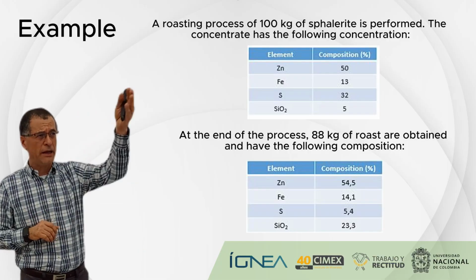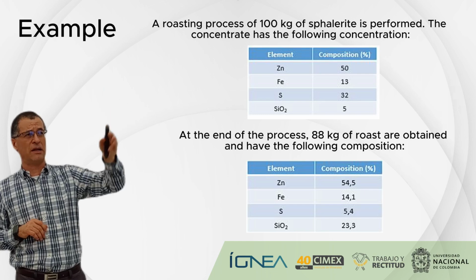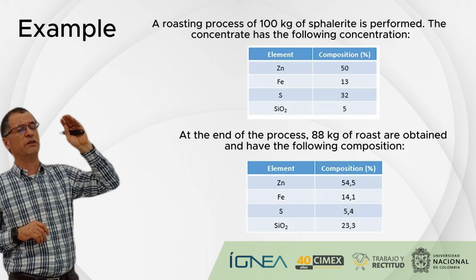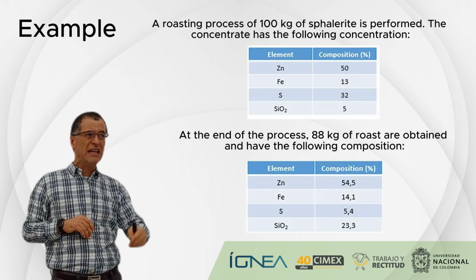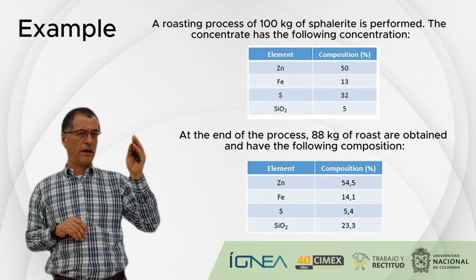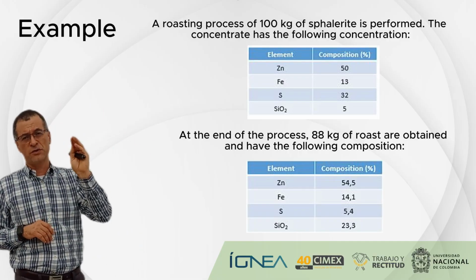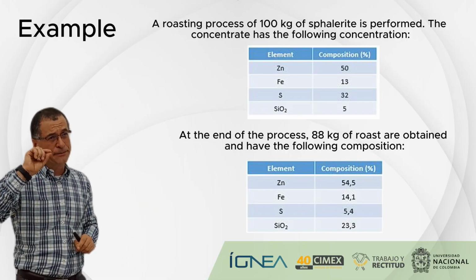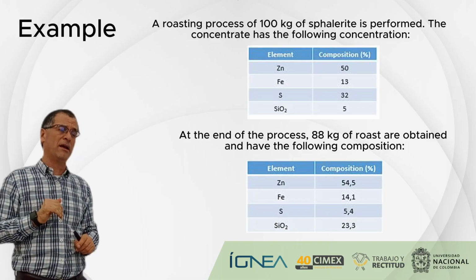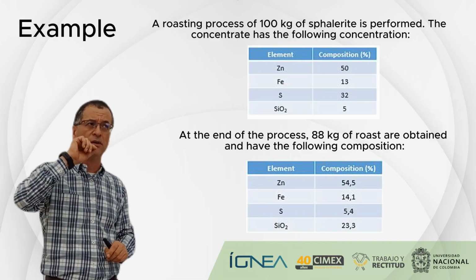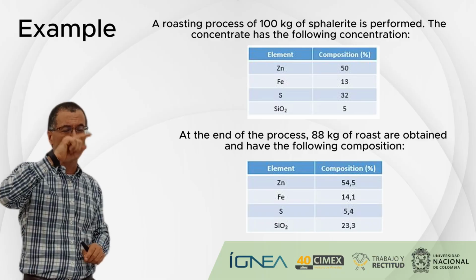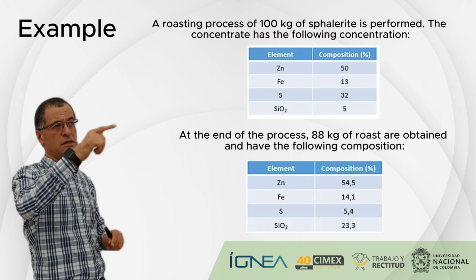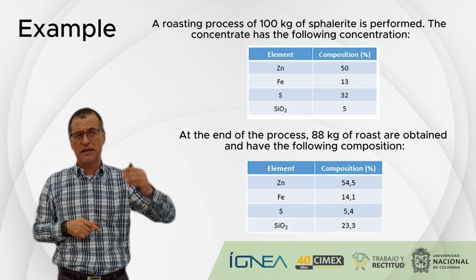Okay, in this particular case, we have a concentrate whose composition is 50% of zinc, 13% of iron, 32% of sulfur, and 5% of silicon. In the theoretical way, this concentrate could have only sulfur and zinc. But as I explained to you, the presence of other sulfides is common, in this case pyrite.